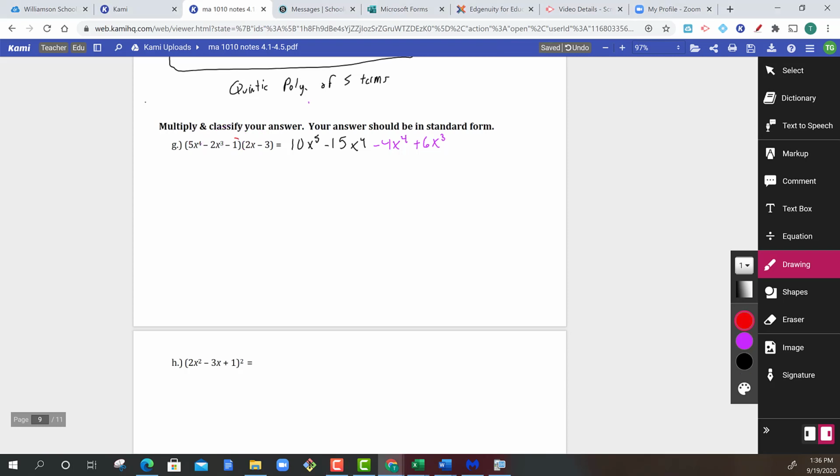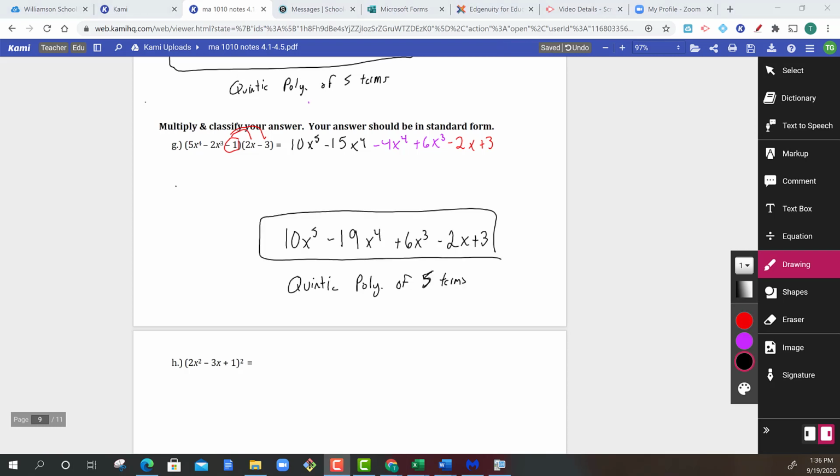And then finally, I'm going to distribute that negative 1. So that becomes negative 2x plus 3. And then you just need to find your like terms and add those together from there. And there's what I got. So here were 2 like terms in the middle. And I think that's it.